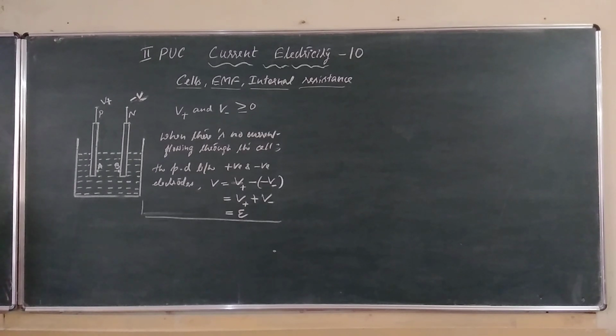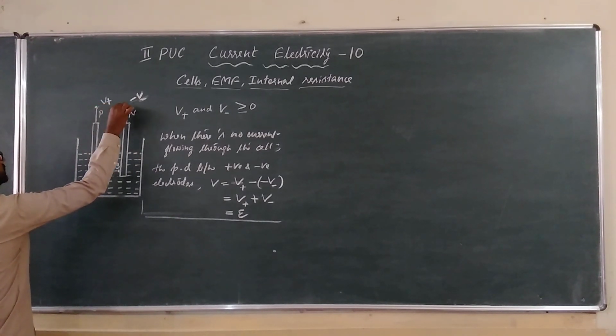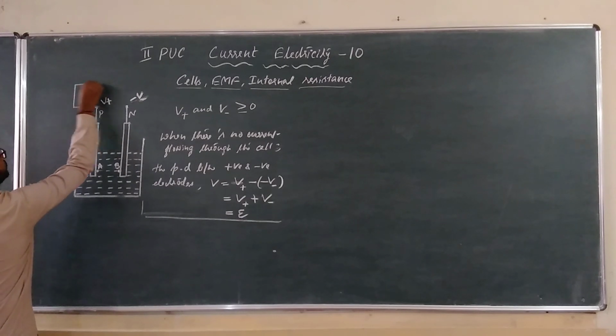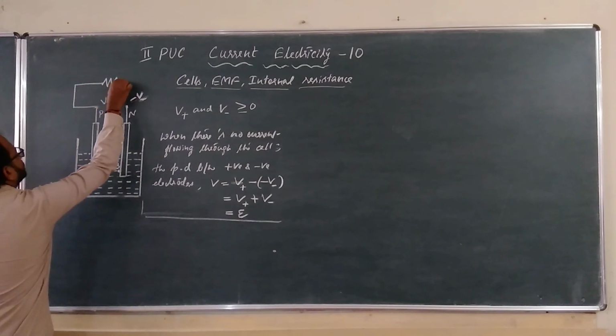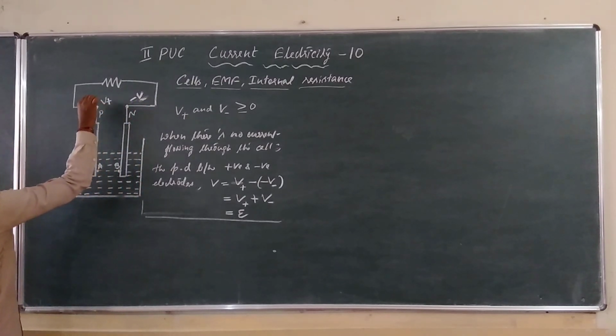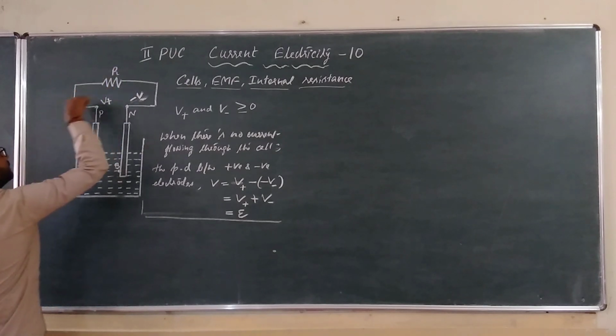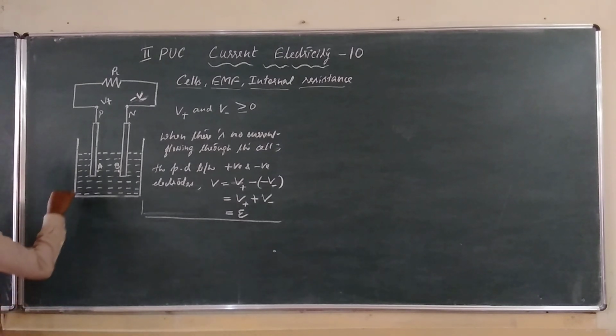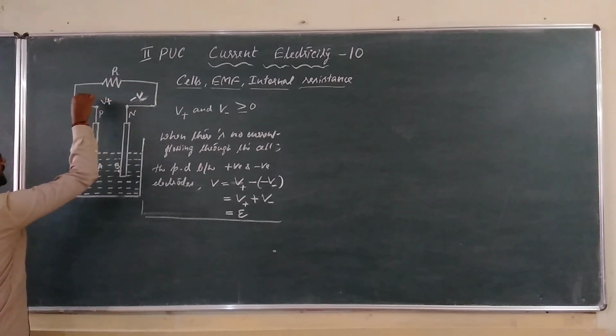If there is a current flowing through the cell, you have to connect these two electrodes to some external circuit or resistor for the current to flow from the positive electrode to the negative electrode.